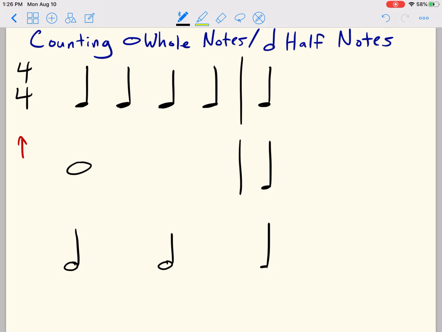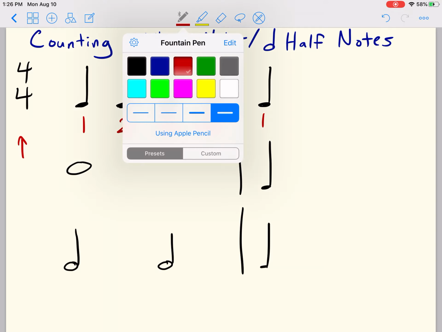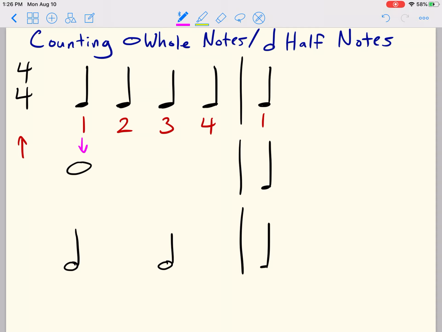So the way that we write in the counts for this first 4/4 bar, each quarter note is going to be on a beat. As we heard in the previous video, all of those are going to be downbeats.